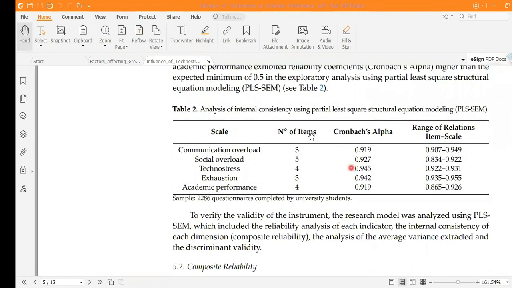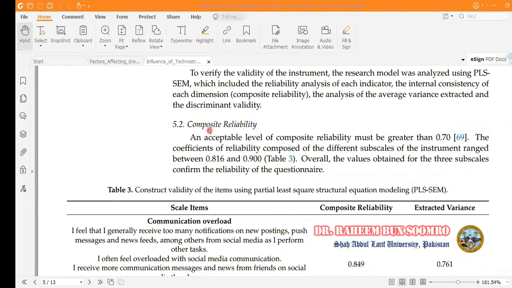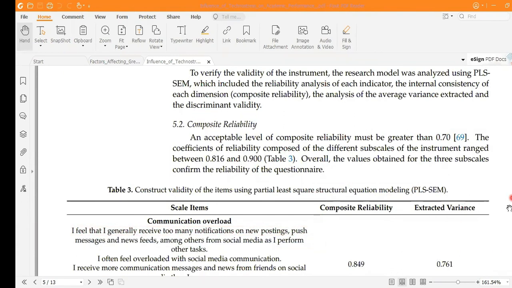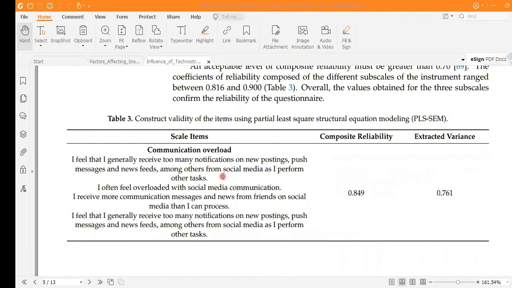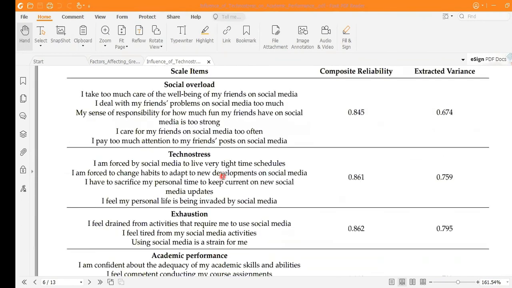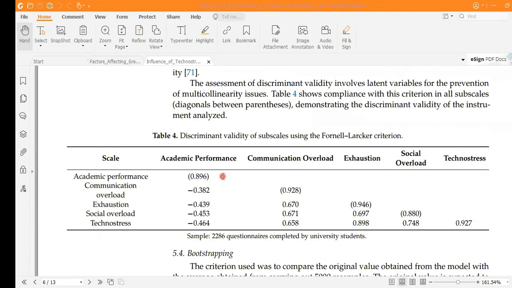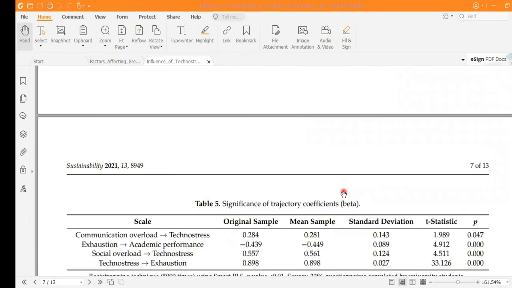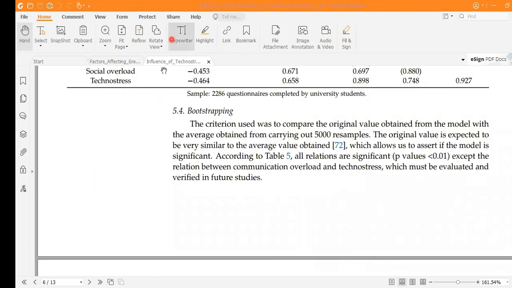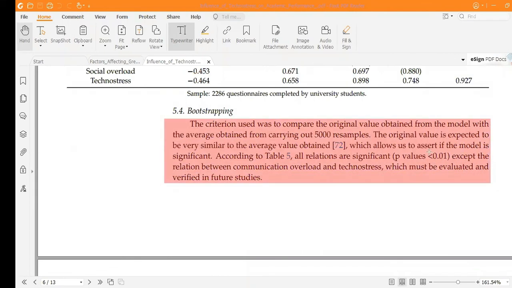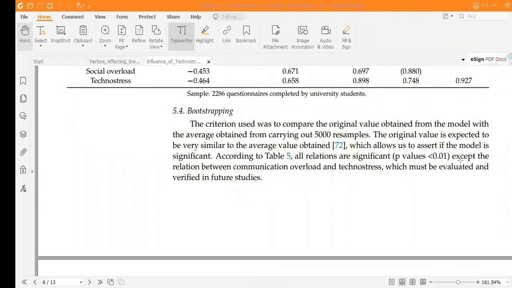Now you're looking at the Cronbach's alpha, and the range is also given here for composite reliability, and AVE of every scale is provided here. Then the discriminant validity through the Fornell-Larcker has also been established, and the bootstrapping. Here you're looking at one complete paragraph provided, and again this has been checked on the 90% confidence interval.